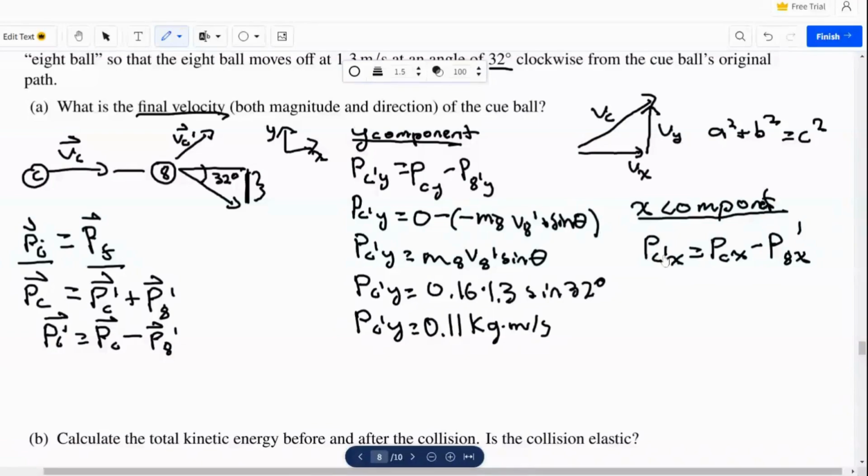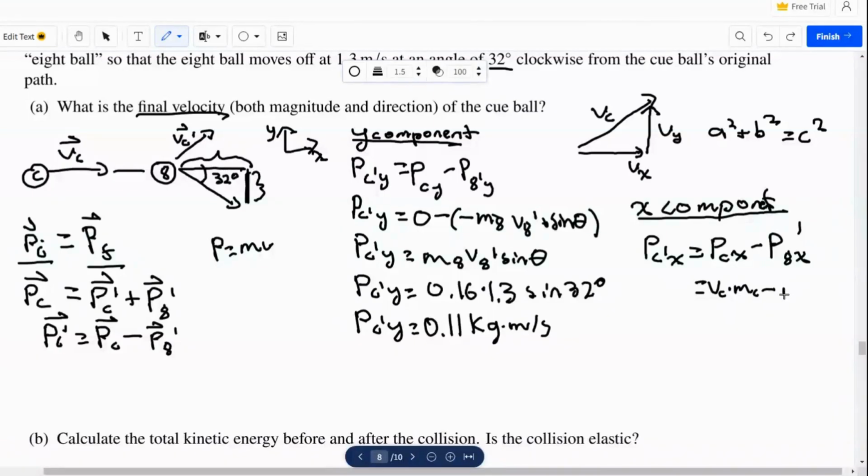Now, we need to solve for this, and the initial x component of the momentum of the cue ball would be equal to vc times mc. In case you don't know, momentum equals mass times velocity. Minus, this would be the same thing as this, but in cosine, because cosine is adjacent, and we are solving for this now.